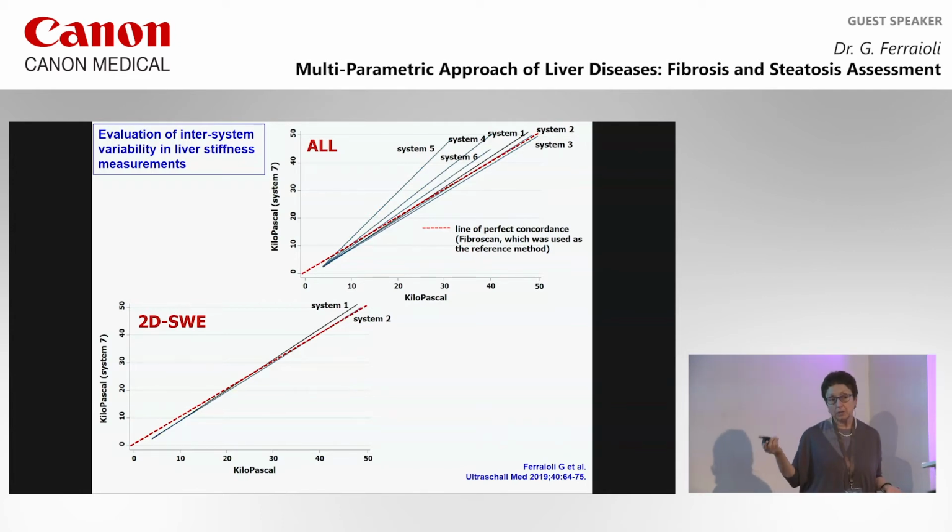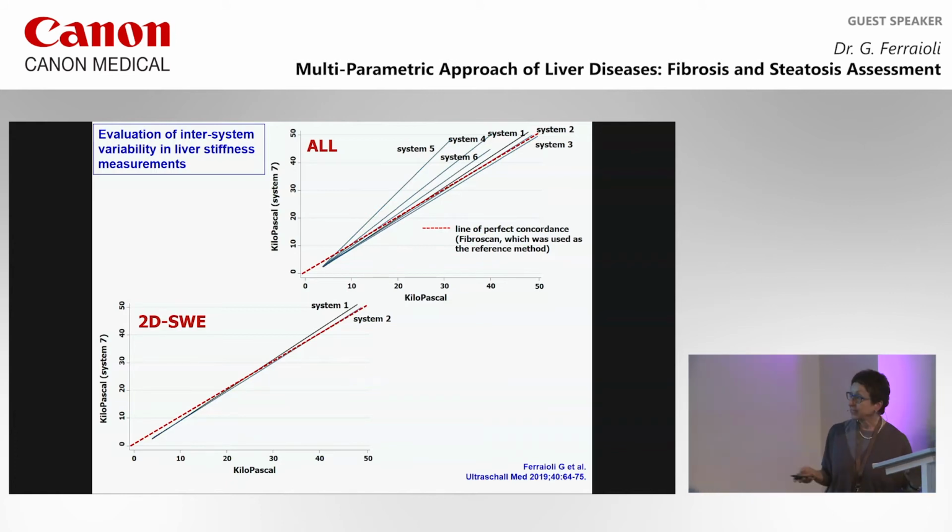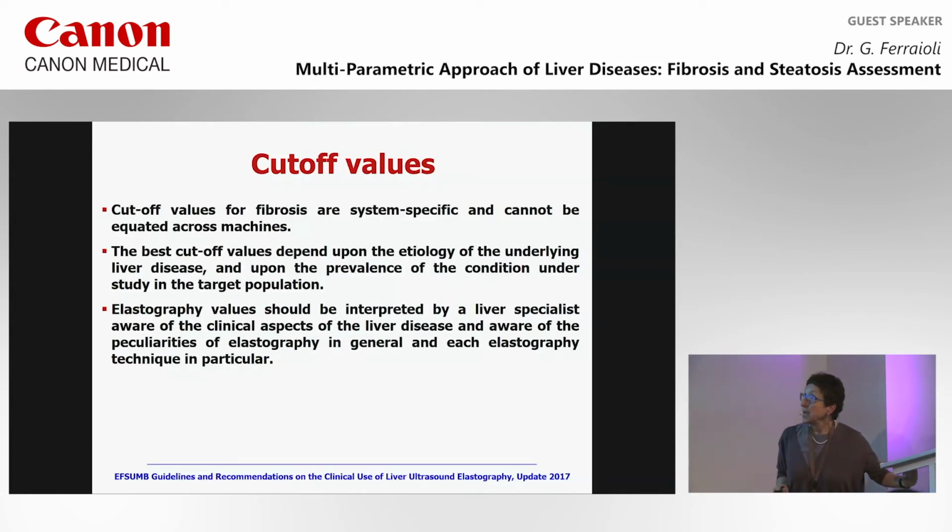The 2 ultrasound systems that were used were the Supersonic system and the Canon system. And as you can see, the agreement of both systems with the FibroScan value was pretty good. The cutoff values are not possible to use the same for every equipment.